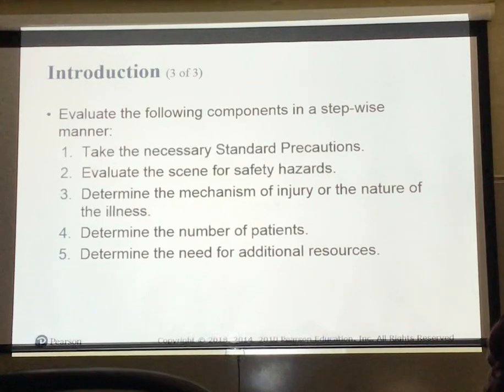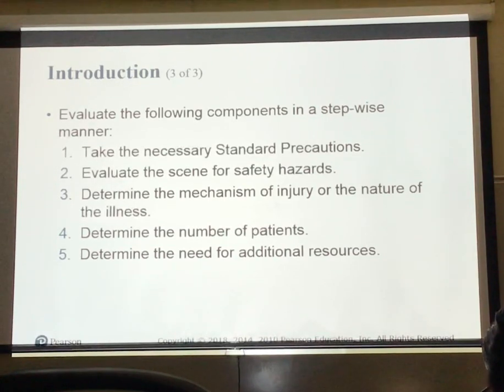All right, with these goals in mind, proceed with the scene size up by evaluating the following components in a stepwise manner. You're going to take your body substance isolation, BSI, my scene safe. All right? You need gloves, eye protection, surgical masks these days, N95 mask, gown.